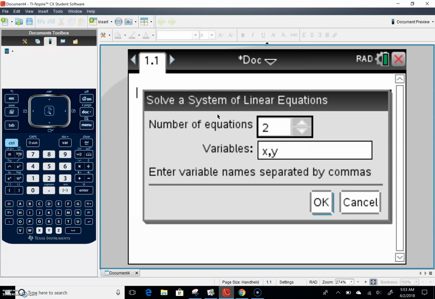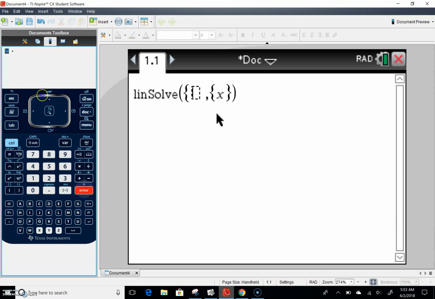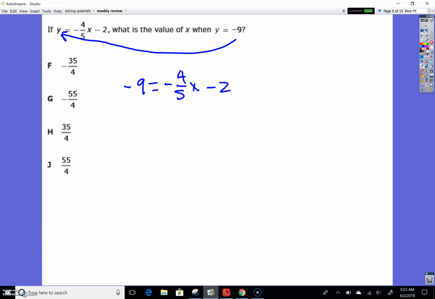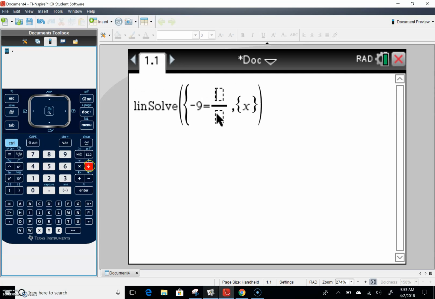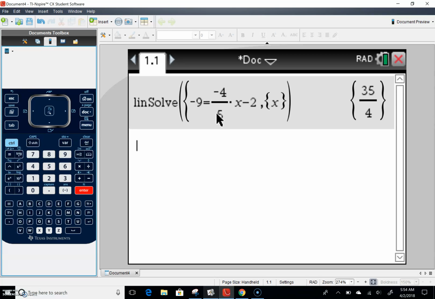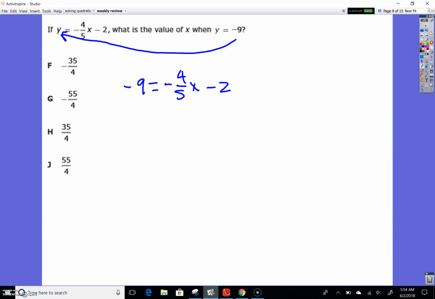Solve systems, delete 1, enter. -9 equals -4/5 x minus 2. The answer is 35 over 4. Is that an answer? Yes, it is.